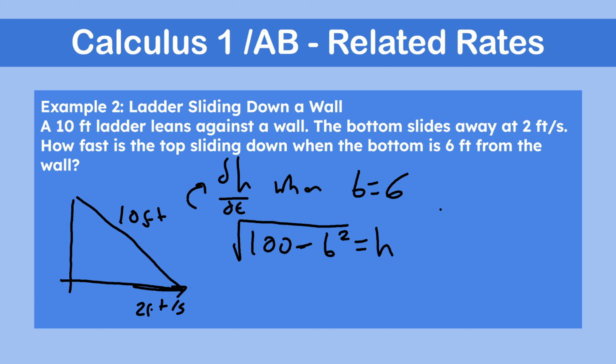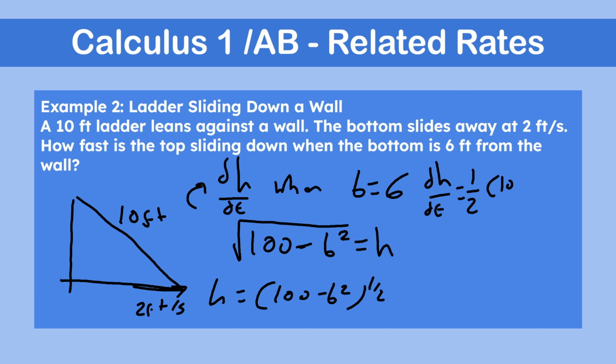So what we can do is say that h is equal to (100 minus b squared) to the power of 1/2. If we implicitly differentiate, we get that the derivative of h with respect to t is equal to 1/2 times (100 minus b squared) to the power of negative 1/2 multiplied by negative 2b.